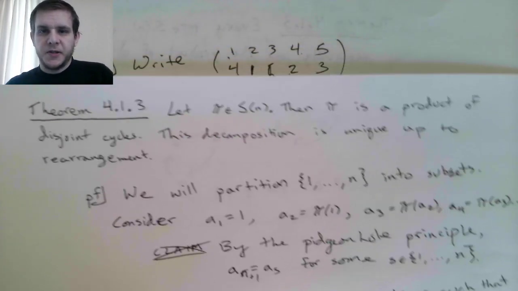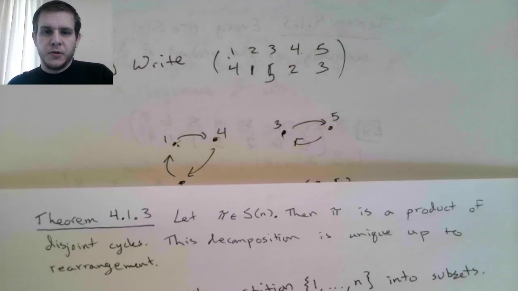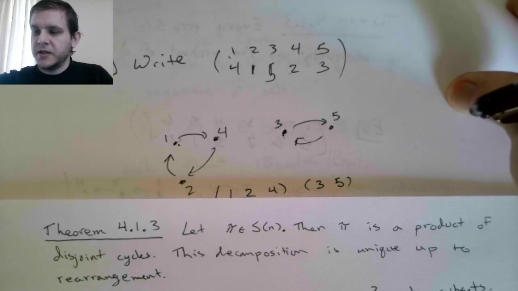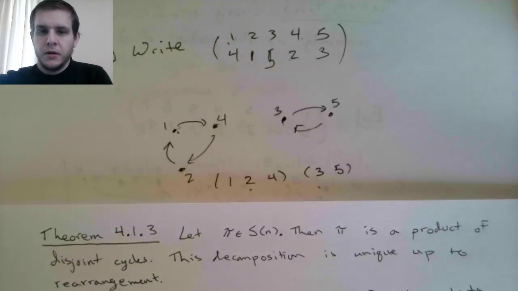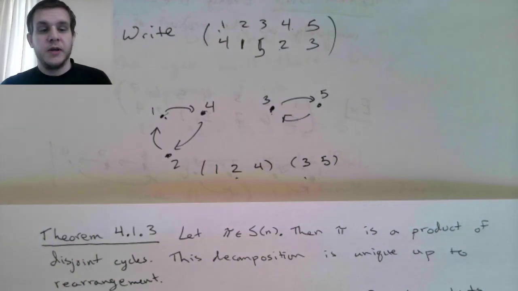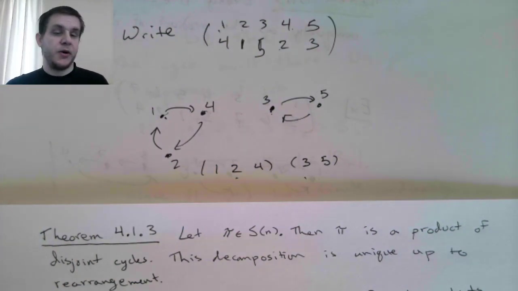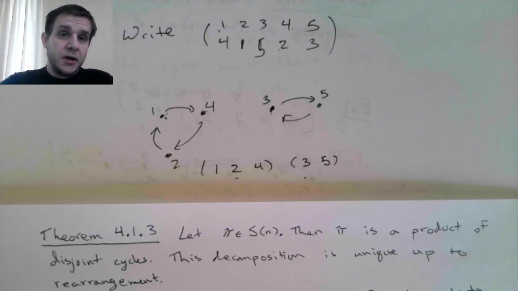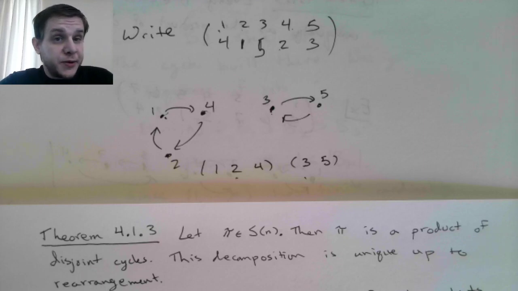So let me leave this up for a second. Let you absorb this. But this is the main idea, and this notation and this structure for the symmetric group is a very important part of group theory. Symmetric groups, we'll see later, are sort of a universal group.